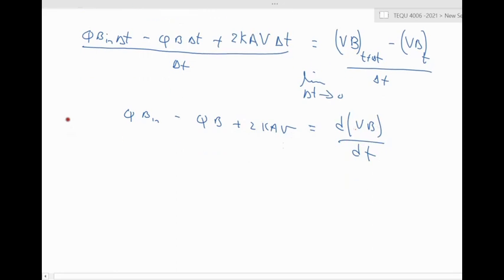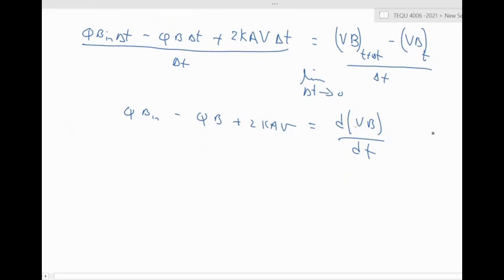Now, again, volume is a constant, so I can take volume out, and eventually you will end up with an expression like this: dB/dt equal, if you remember, I will apply the definition of tau. Should I apply it now or later? Well, let's apply later. So you will end up like Q over V B in minus Q over V times B plus 2Ka.